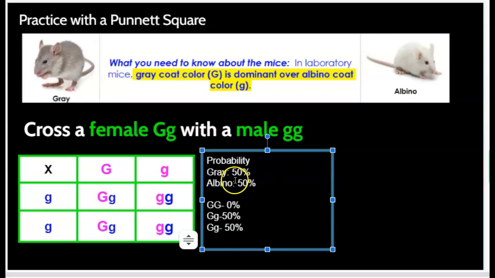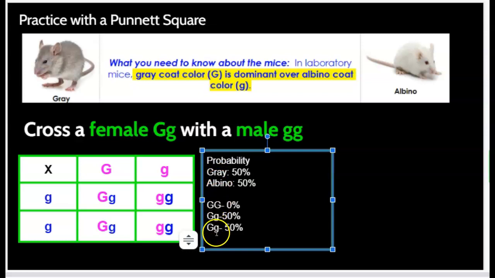So that means there's a 50% chance that their offspring, the baby mice, will be gray. And there's also a 50% chance, 2 out of 4, that the mice will be albino. So that's the probability for phenotype.